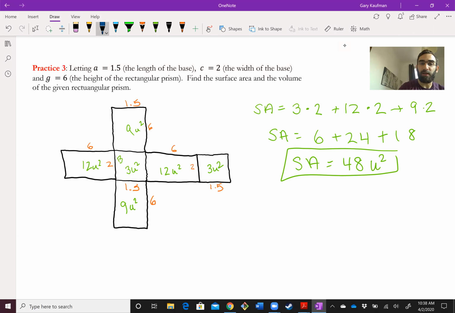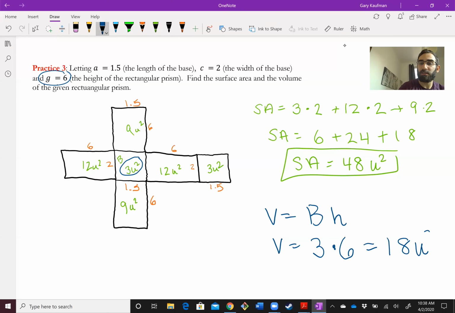Then for my volume, I've already found the area of my base. It's right here, so why do more work? 3 multiplied by the height, which is 6. We could again just find that right here, we stated it. And this is therefore 18 units cubed is my volume.